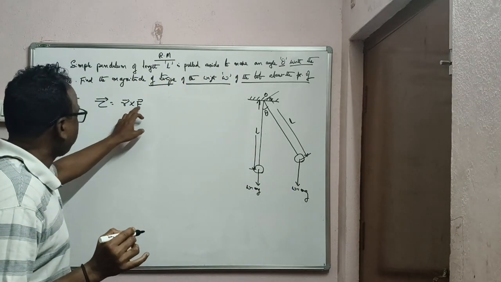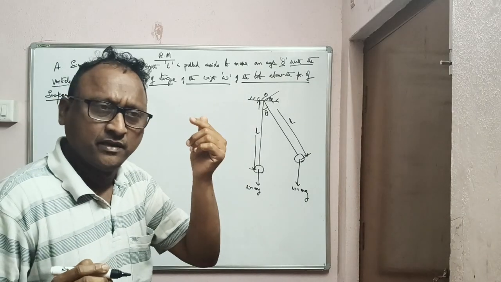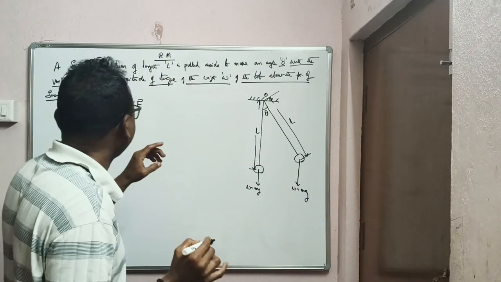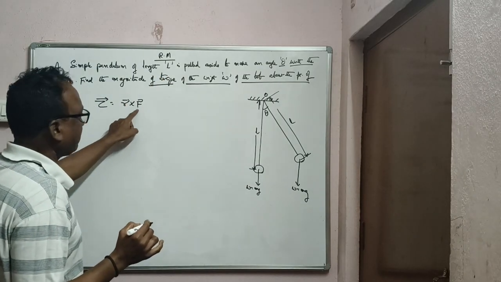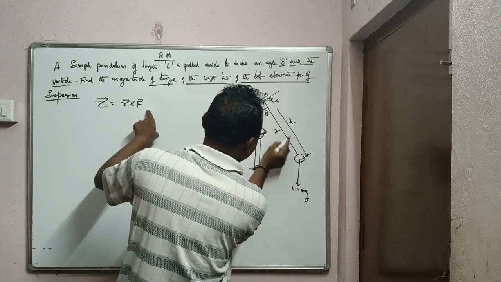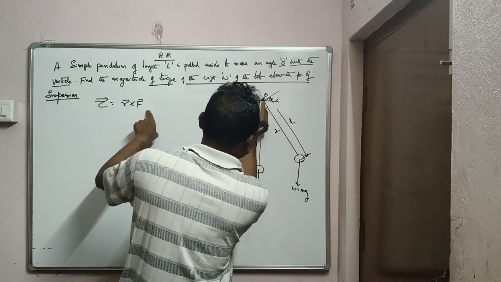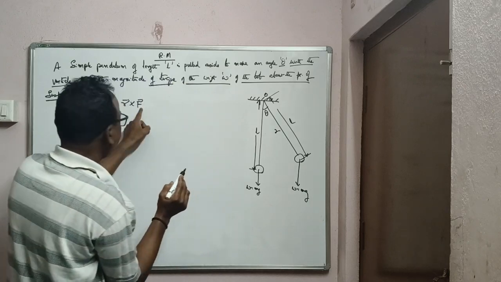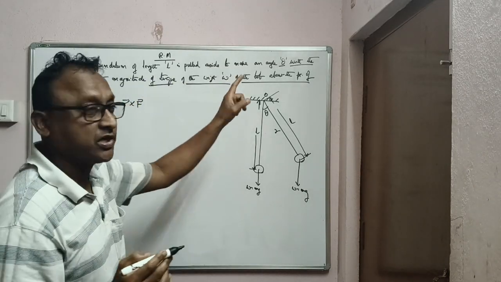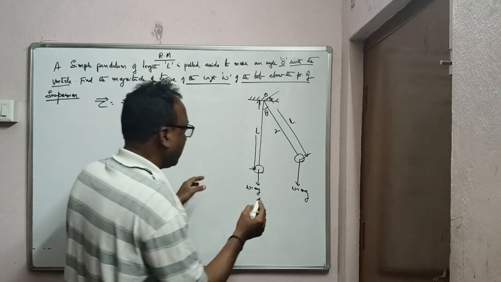Either R into F perpendicular or F into R perpendicular, depending upon the given question. So R cross F: R is the length, the distance from the point of suspension, and F perpendicular is the force component.